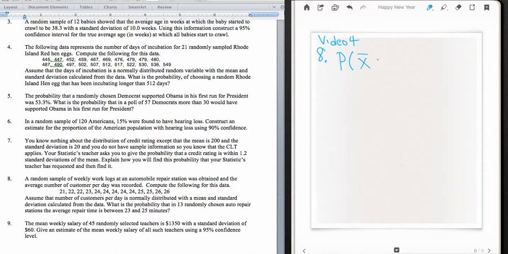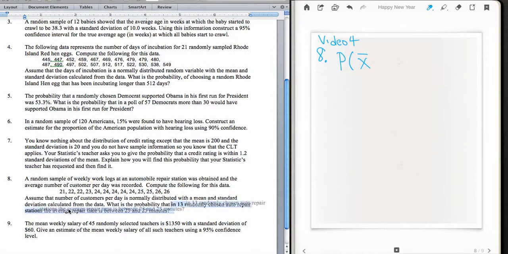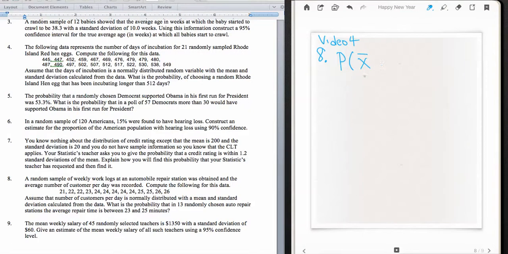So the probability that the average value, that's why it's x bar, is between, and I needed to put numbers on either side of that average, so x bar is in the middle, and it's between 23 and 25.